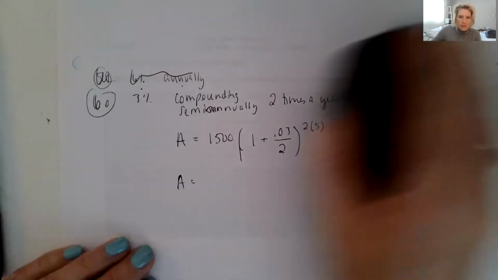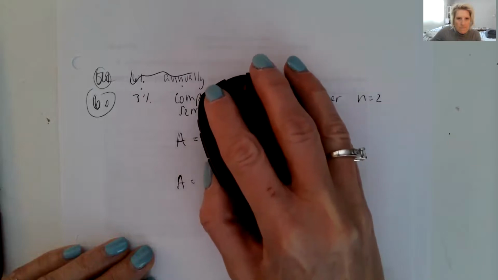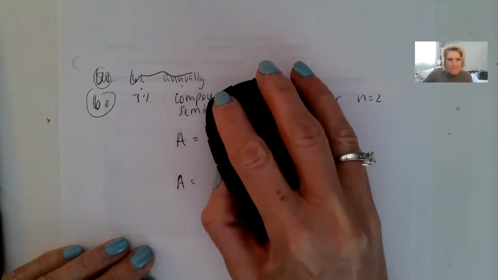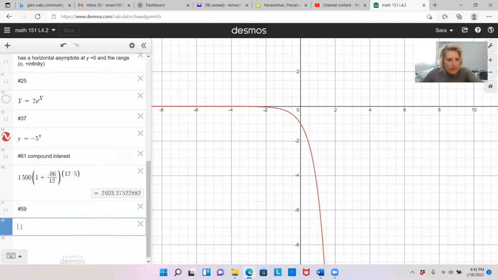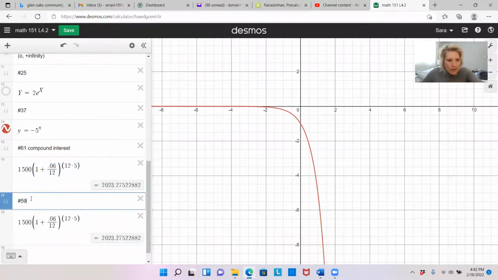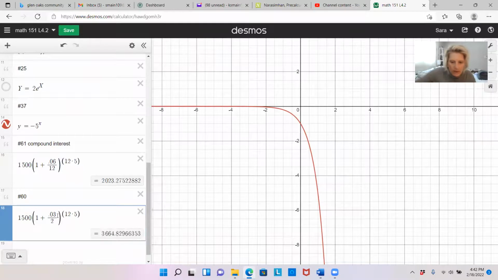So let's go to Desmos and see what this comes out to be. The cool thing is I can just copy that and paste it. This is 60. But we have to make sure that we correct our interest rate to 3, and our compounding is only twice a year.